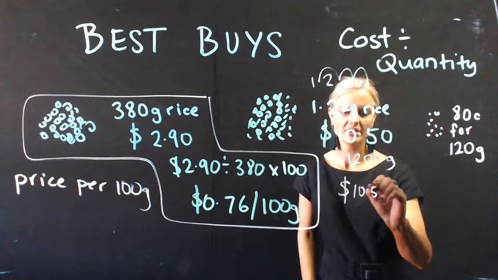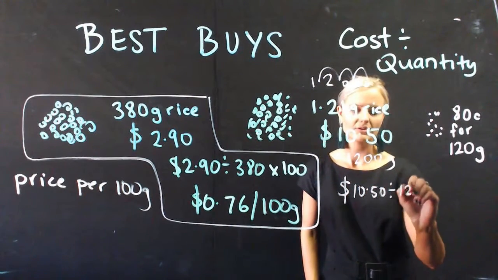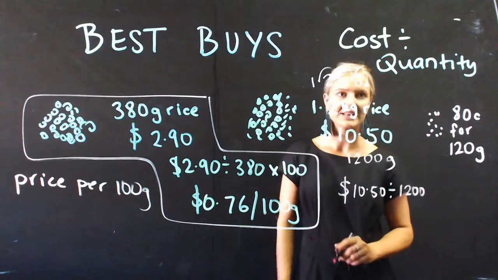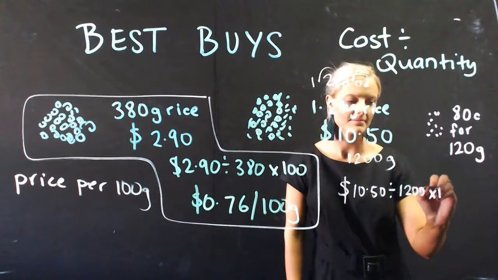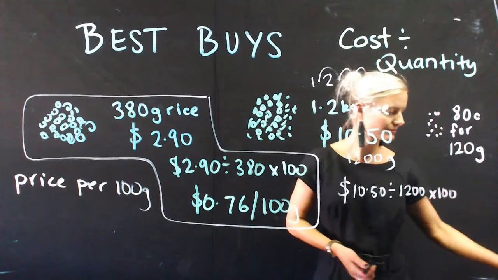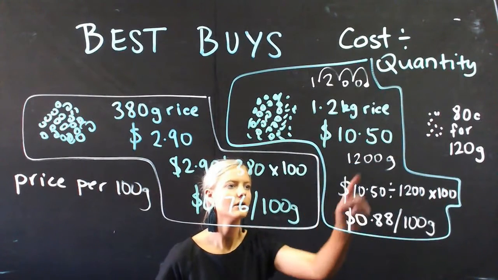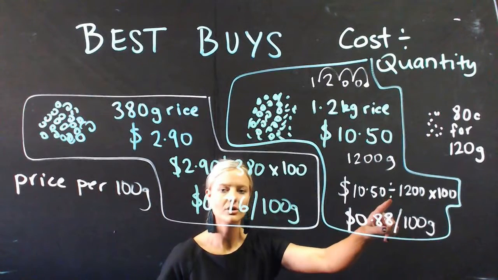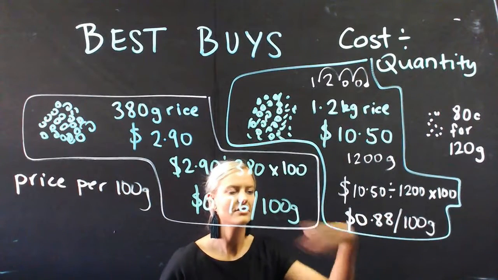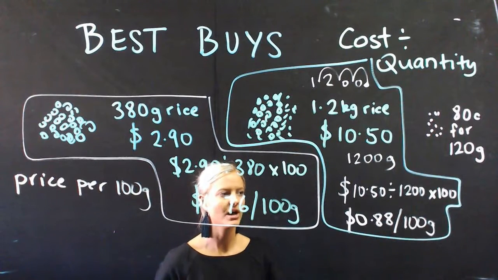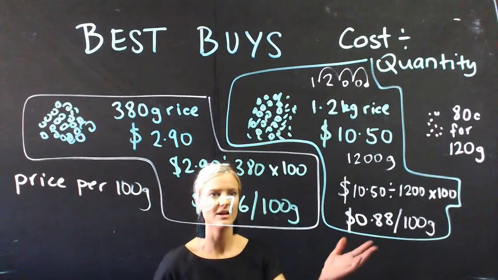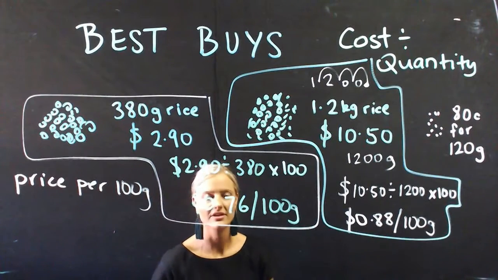Cost is $10.50 divided by quantity of 1,200. That will tell us what it is per gram, but we need to know per 100 grams, so let's times that by 100. So $10.50 divided by 1,200 grams, times 100 to get it back up to 100 grams, is 88 cents per 100 grams. Already, it's more expensive to get that bulk item compared to the 380 gram.